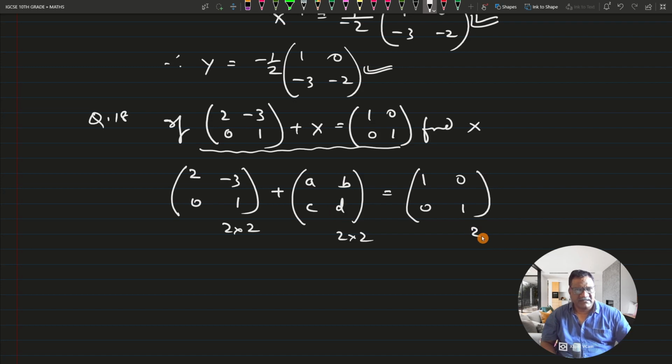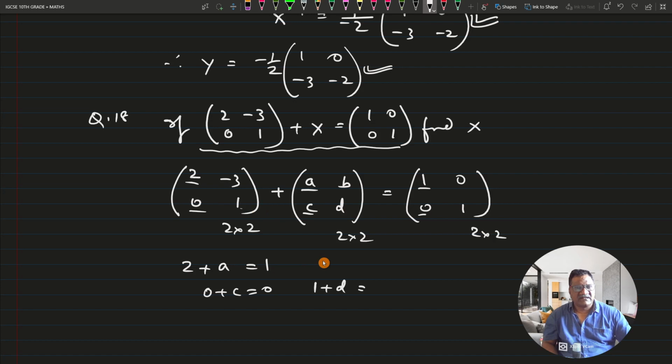Now this is the 2 by 2 identity matrix. If you work this out, you'll get 2 plus A equal to 1. 0 plus C equal to 0. 1 plus D equal to 1.